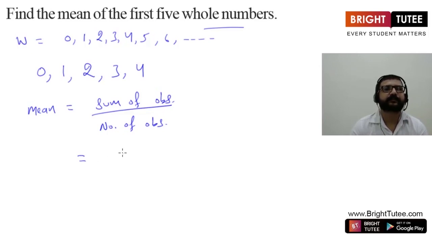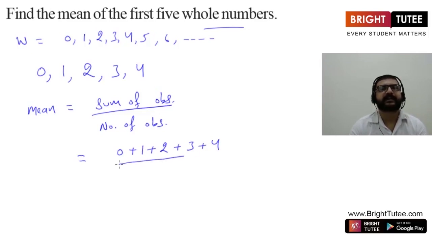So it will be equal to 0 plus 1 plus 2 plus 3 plus 4 whole divided by the number of observations. So here we are having 5 observations, so it will be divided by 5.